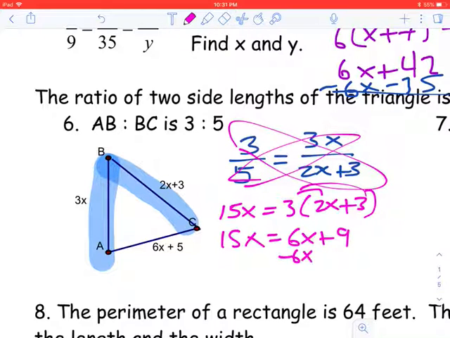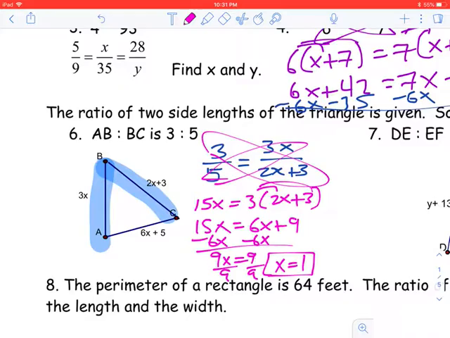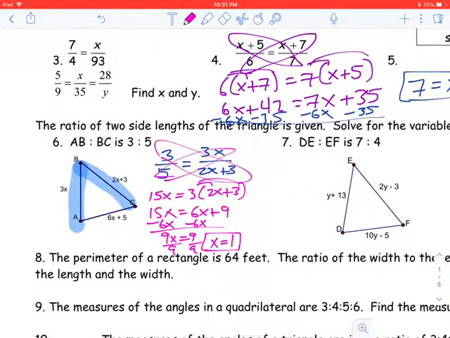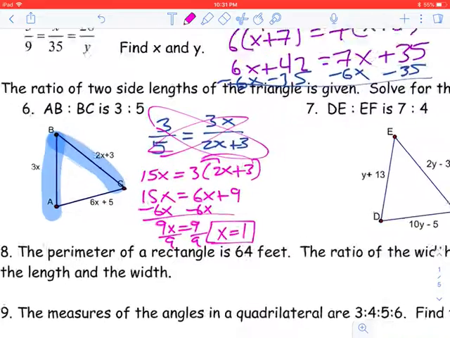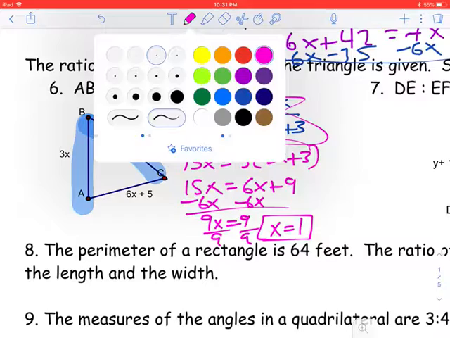So subtract 6x and I end up with 9x equals 9, which gives me x equals 1. And so to find the variable, that's all I did. And it doesn't say I need to find the side length, so we're good.